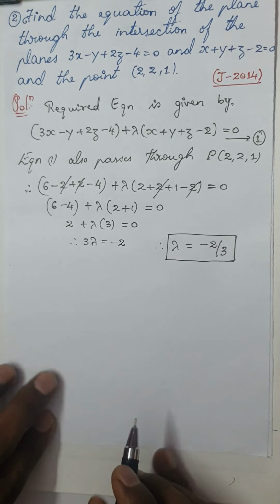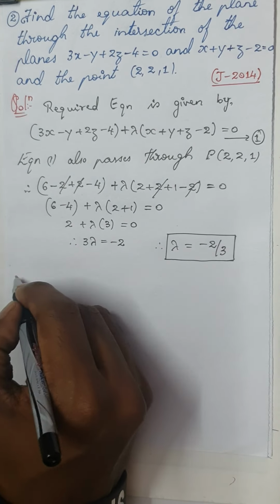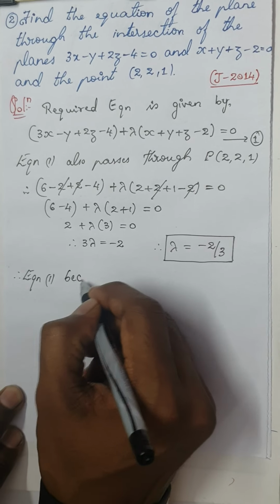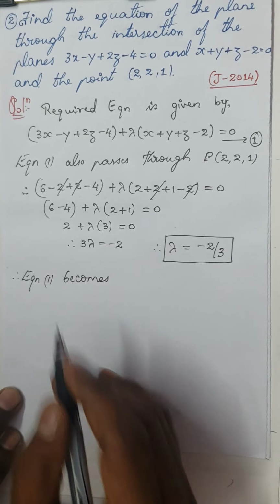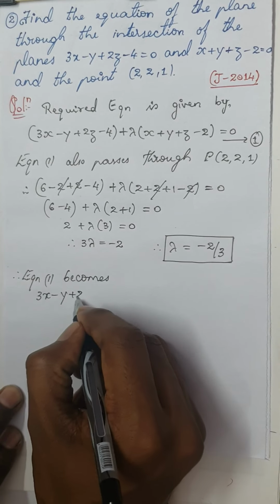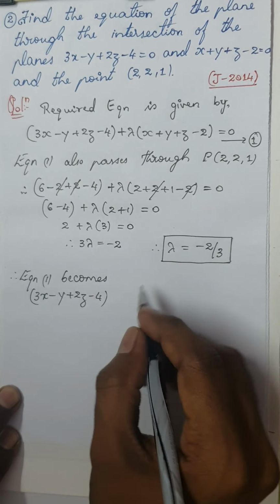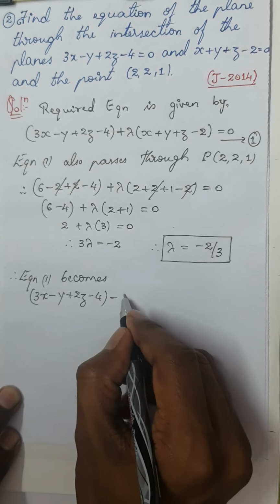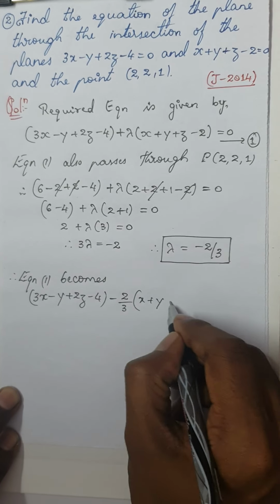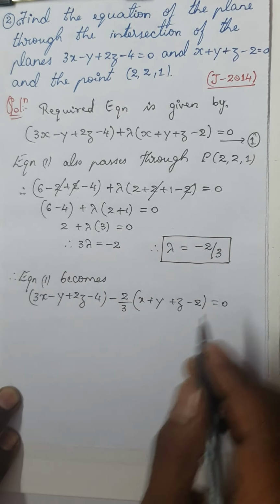Okay, once I get the value of lambda, please don't stop here. At least you have to substitute in equation 1. Therefore, equation 1 becomes 3x minus y plus 2z minus 4 plus lambda, and because the value of lambda is minus 2 by 3, I'll write minus 2 by 3 into x plus y plus z minus 2 equals 0.